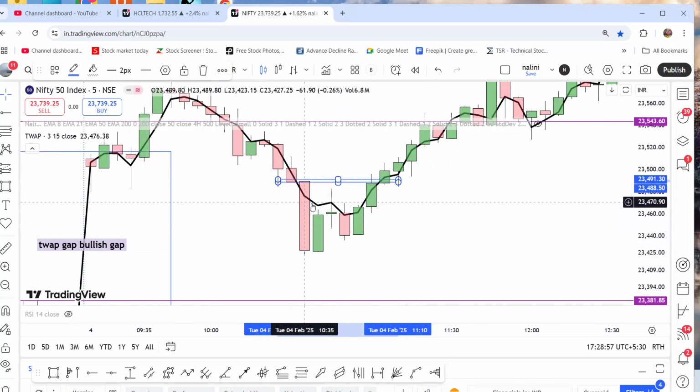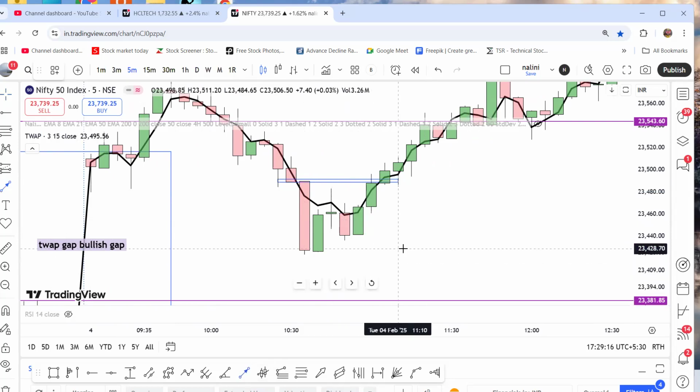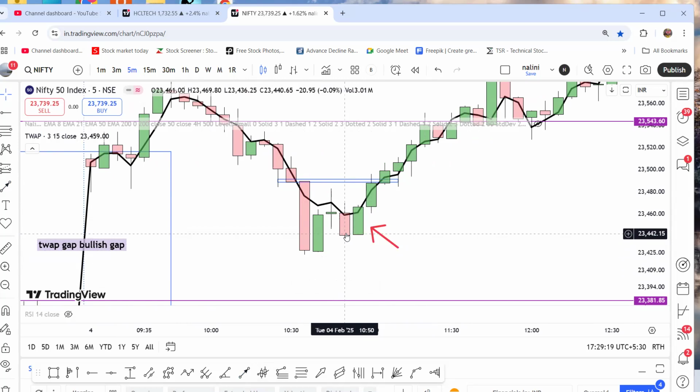See, till that time, price is below. You can see this price has closed near the low, below the TWAP, below the TWAP, below the TWAP, right? Here, this candle is the signal candle, which is closing above the TWAP.